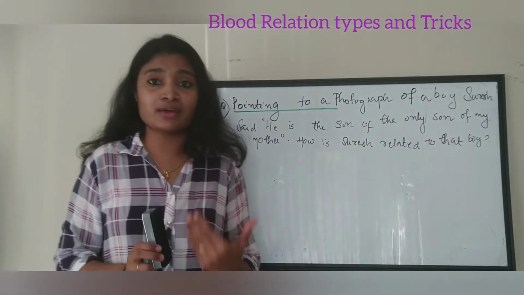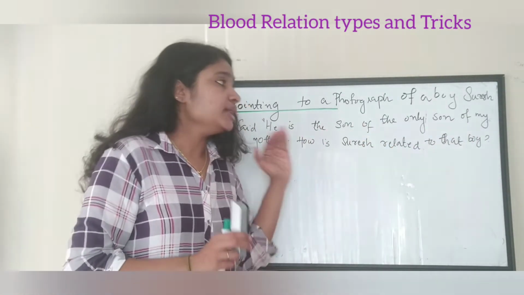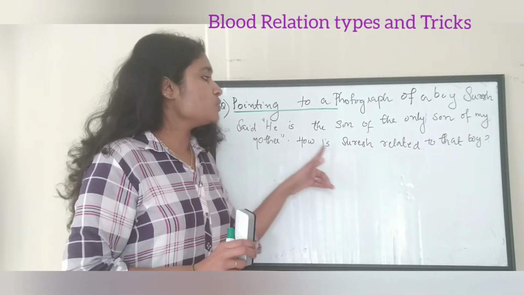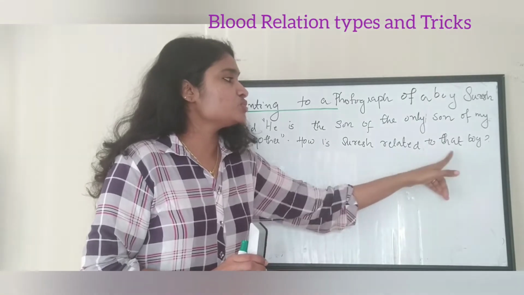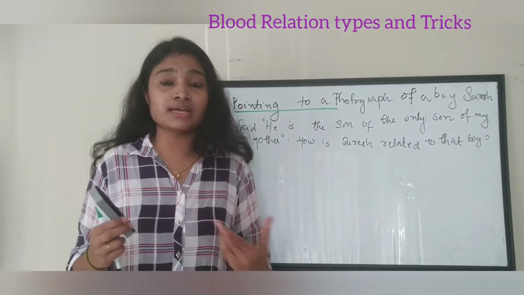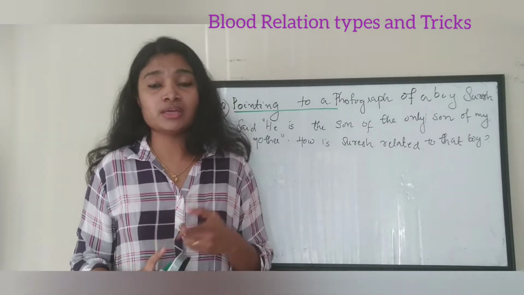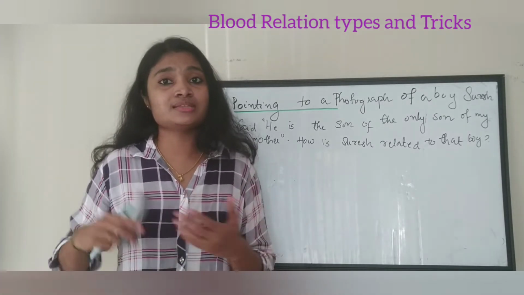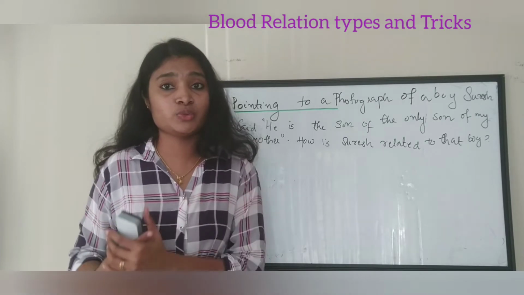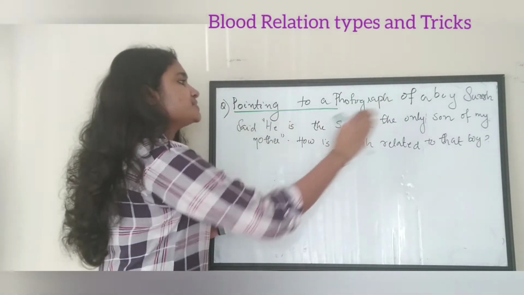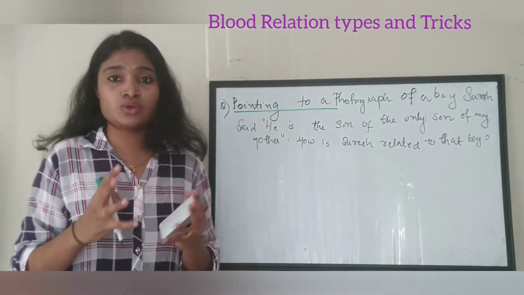We have to solve this sentence in order to find the relationship asked at the end of the question, that is, how is Suresh related to that boy? Now we only have clarity about two things here. The first one is Suresh and the second one is the boy. We have to find the relationship between Suresh and the boy, and we have to use this confusing statement in order to find the relation.